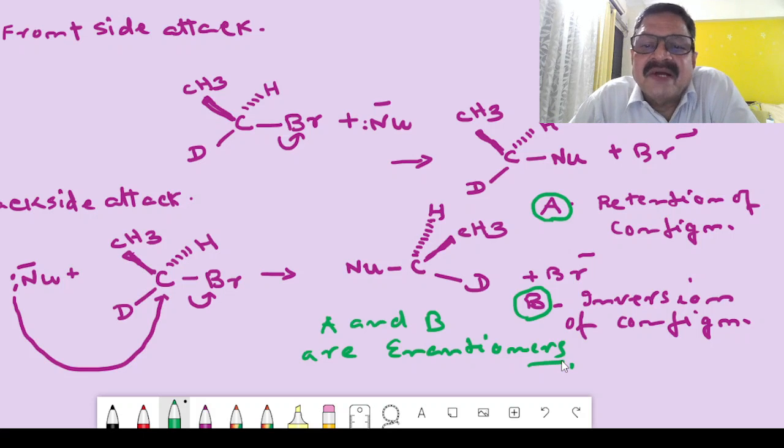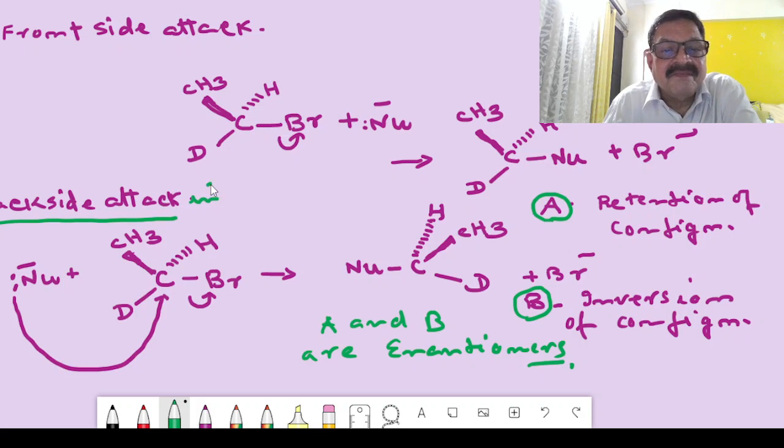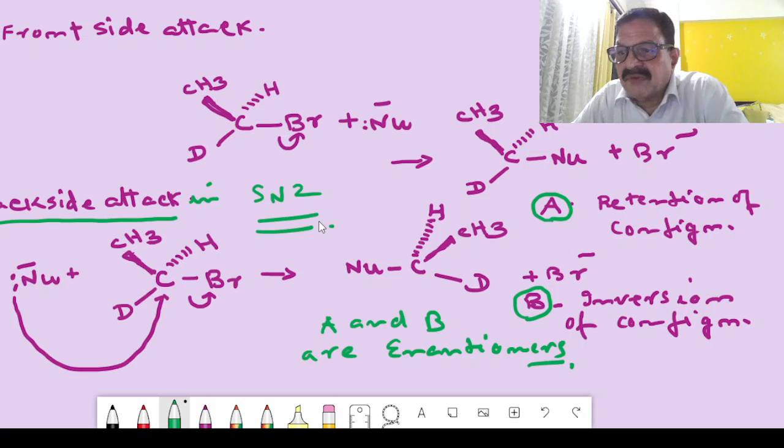Correct. Now in SN2 reactions, what we have seen is that only the product B is favored. That is, the product B is formed. That means a backside attack only takes place here. Only backside attack in the SN2 reaction mechanism. Important point here.